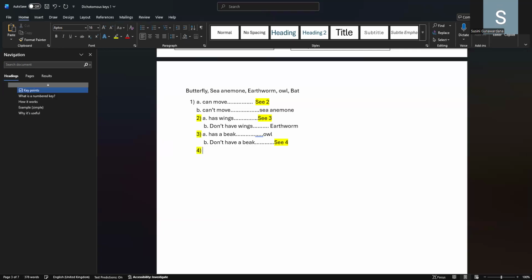Okay. Then we'll take A again. That is 1. So the remaining animals are butterfly and bat. What is the thing that we took?